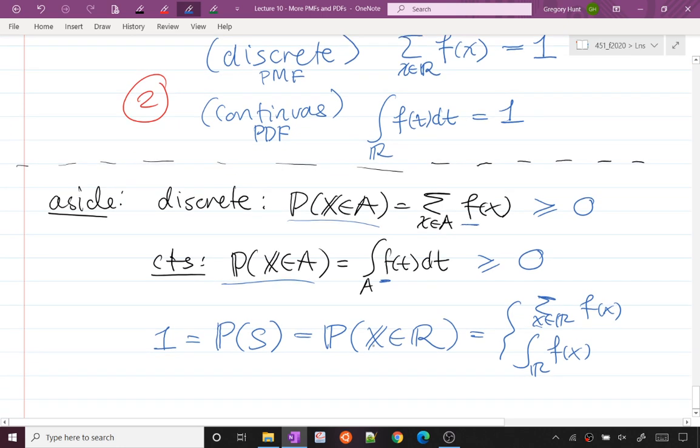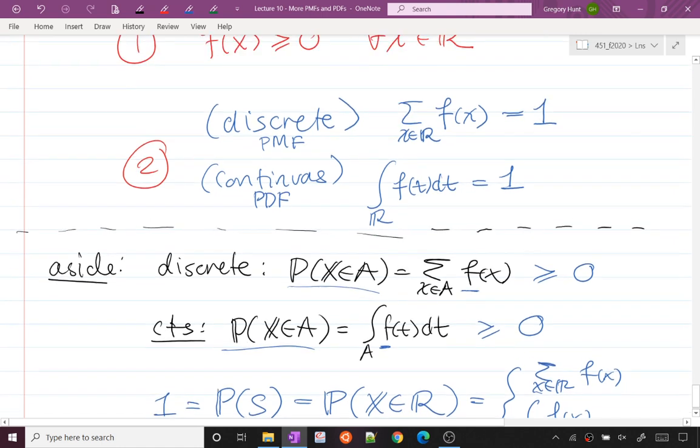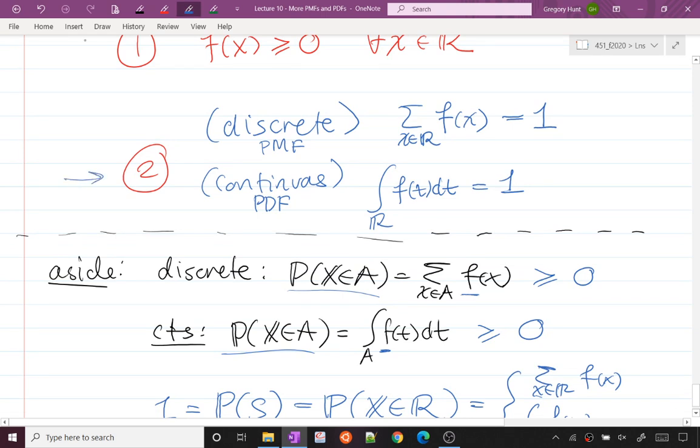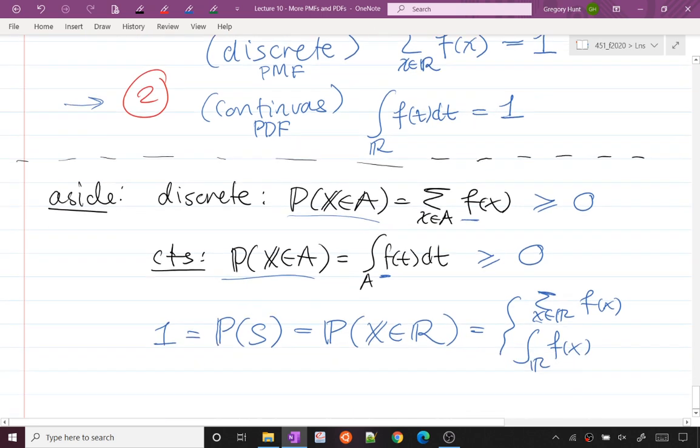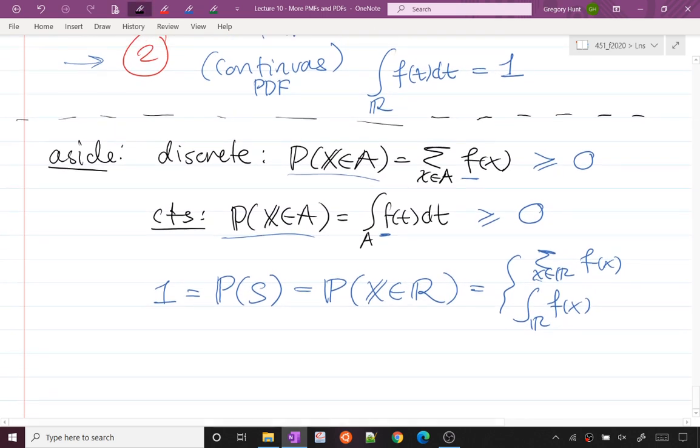That's the same thing as saying that a random variable takes on some number, right? It has to happen. So that probability is 1, and that's just the sum or integral over all real numbers. So that gives us intuition for the second one. The first one is true because they're used to calculate probabilities, so they better be non-negative. And the second one is basically that the probability it ends up anywhere has to be 1. Not really a formal proof, but that's a sketch of the ideas.